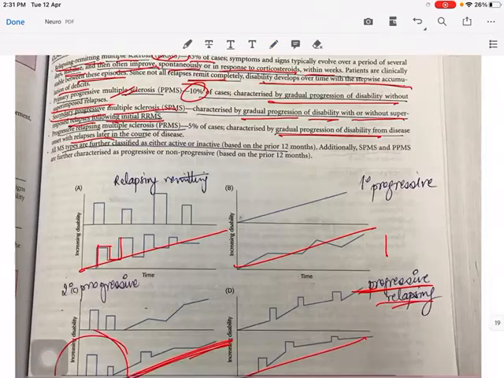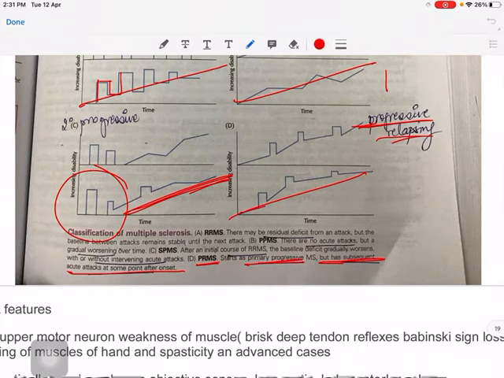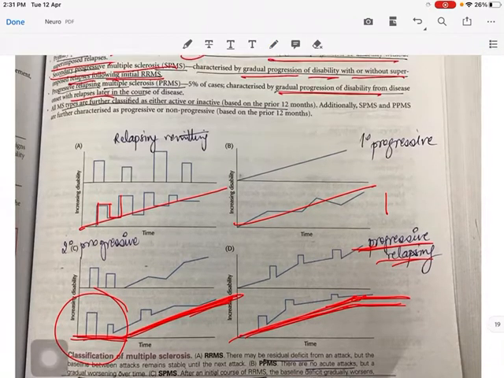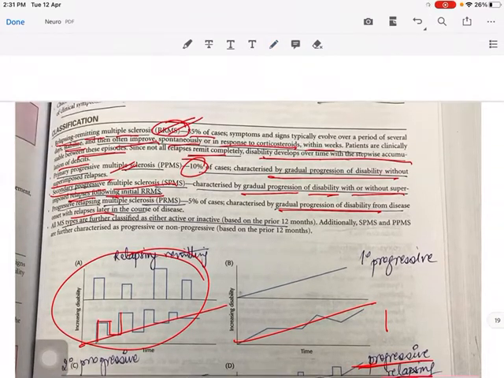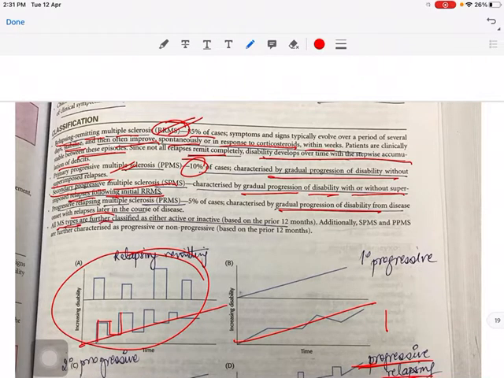Here it increases and then we get relapses. So the most common is RRMS, that is relapsing remitting multiple sclerosis. All types of MS are further classified as either active or inactive, based on the prior 12 months.